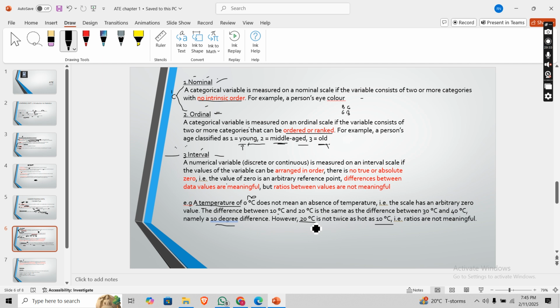Why? Because they are using scales that are not actually accurate, and also there's no true 0. So if there's no true 0, we cannot measure accurately how twice a temperature is.